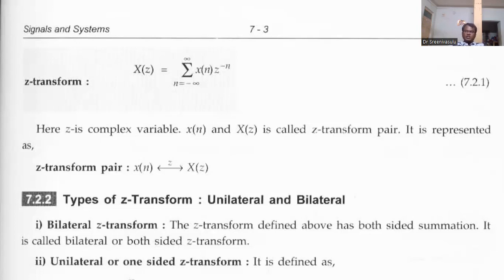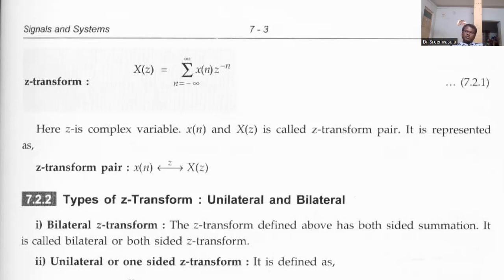Whenever we want to analyze some networks or systems in discrete time, we need to know some initial values. This initial value concept is obtained from the unilateral Z transform. We will see it later.